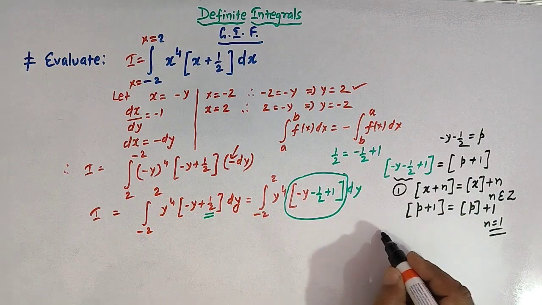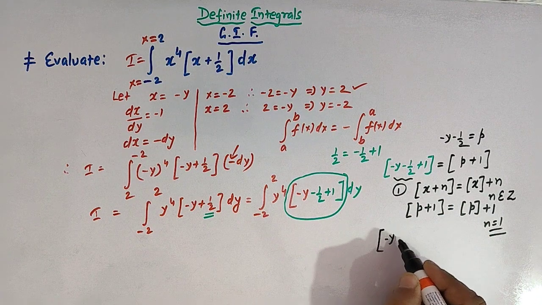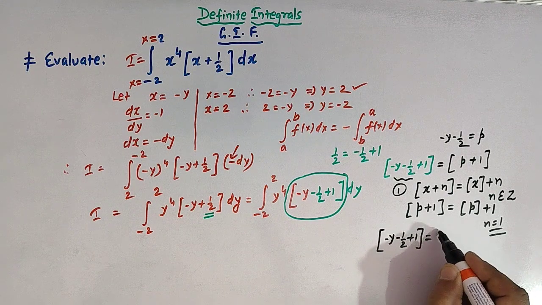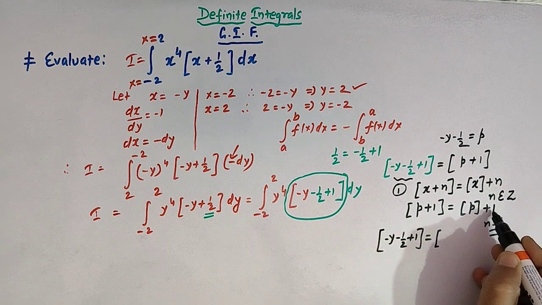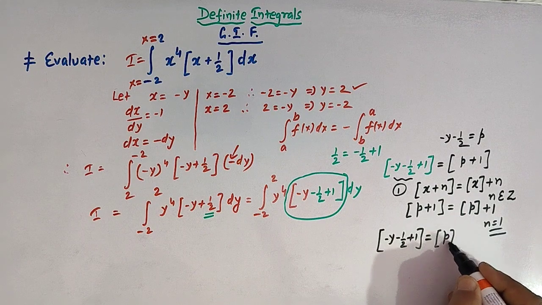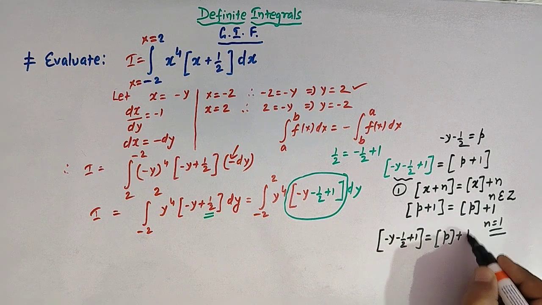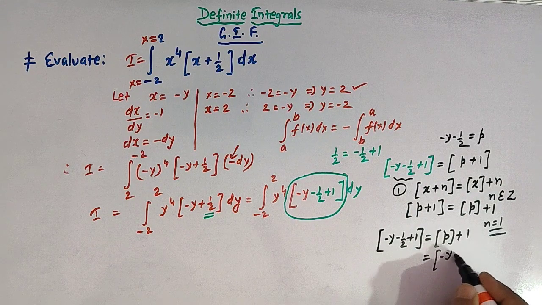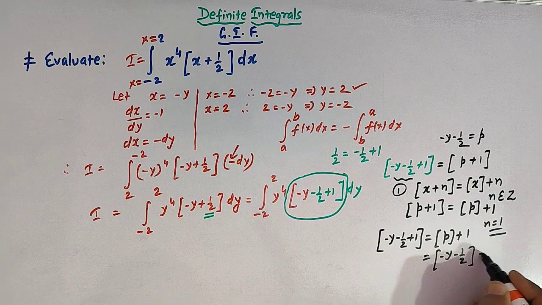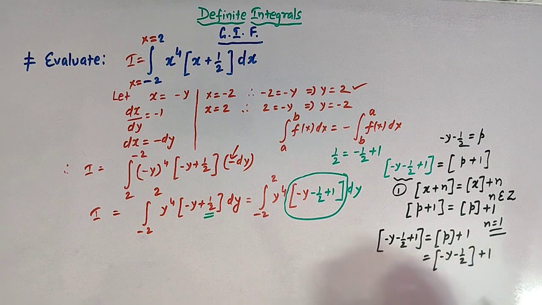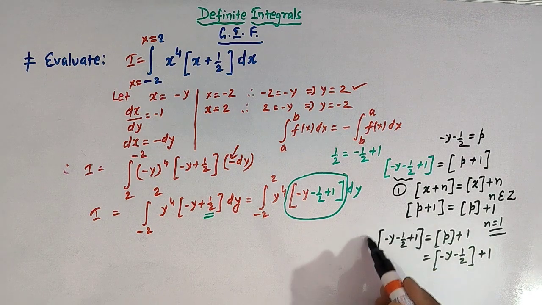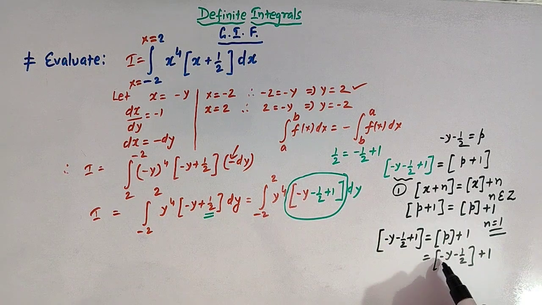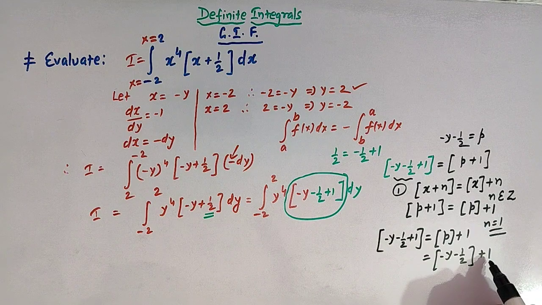So now the greatest integer of minus y minus half plus 1 can be written as the greatest integer of p plus 1, where p is minus y minus half, and here we have plus 1. So now we have written this term as the greatest integer of minus y minus half plus 1.